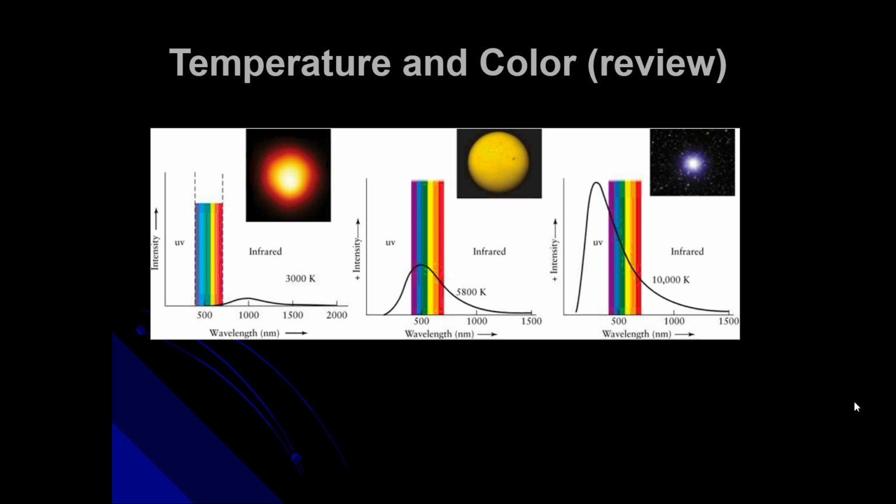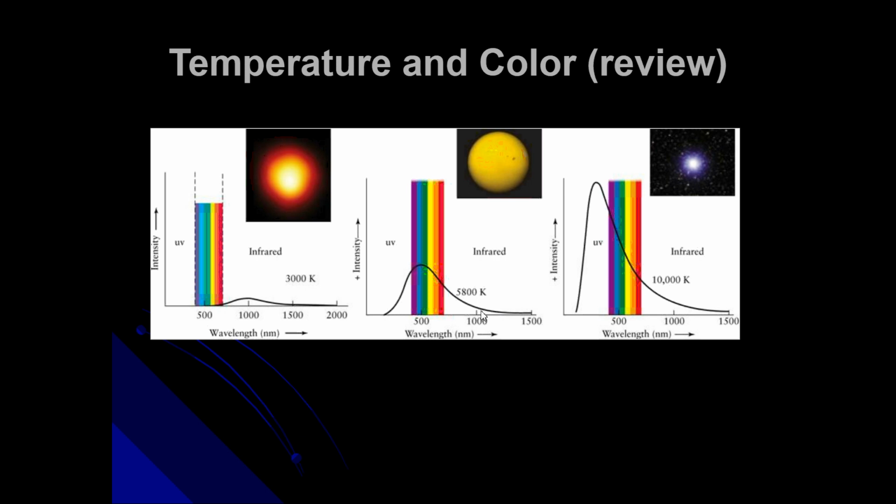Okay, also remember from our unit on radiation, we talked about black body curves, and those black body curves can tell us the temperature of stars. So notice here on the left, we have a reddish star. This is actually infrared, and this is about 3,000 Kelvin. Here's our sun.